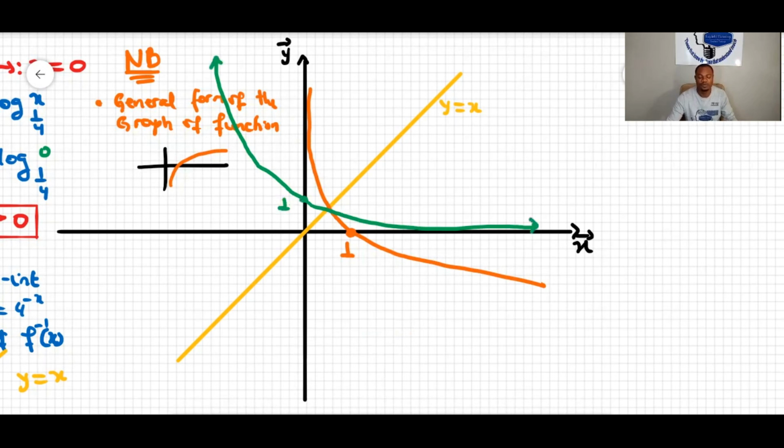So this is the general form of an exponential function with negative x as exponent. You see, it comes from up, down, passing through 1. Now, we can notice that the two graphs here, the green and the orange graph, are symmetric about this line. So this is the same as that part. I hope it's clear. Thanks.